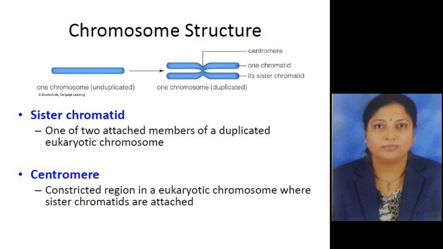It is responsible for the movement of the replicated chromosome into the two daughter cells during mitosis and meiosis. Centromeres are typically located in the central area of the chromosomes. They can also be located near the mid-region or at a number of different positions on the chromosomes.